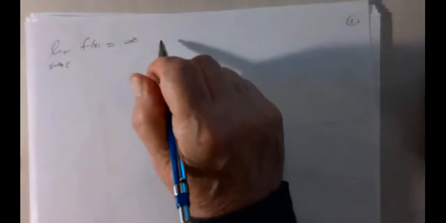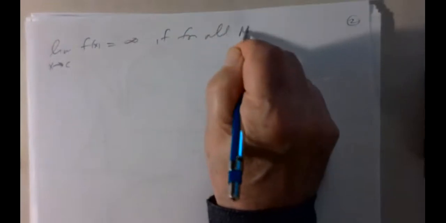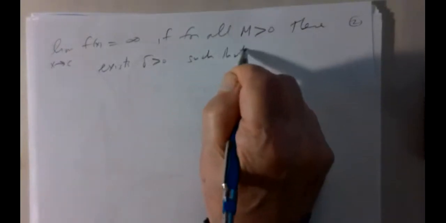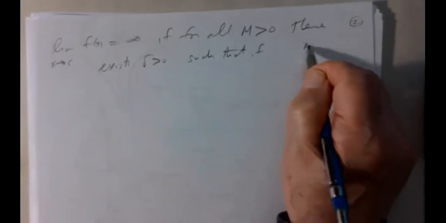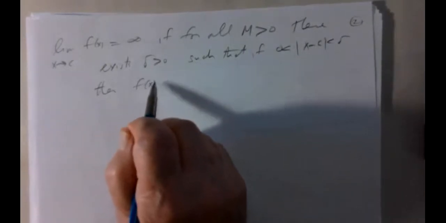We say that the limit of f of x as x approaches the number c is infinity if for every M bigger than 0, there exists a delta greater than 0 such that if the absolute value of x minus c is less than delta and greater than 0, then f of x is bigger than M.